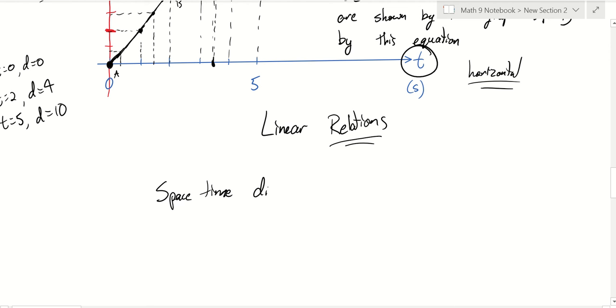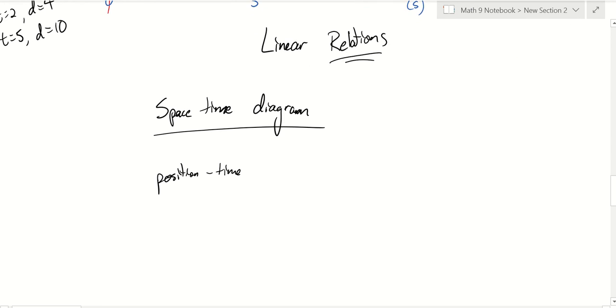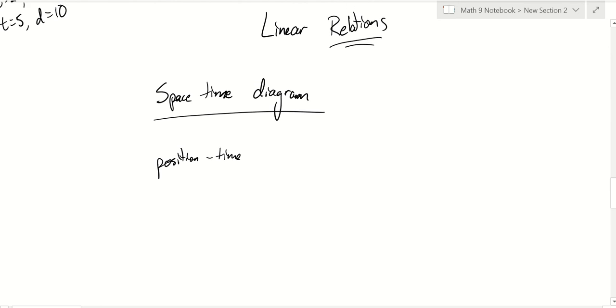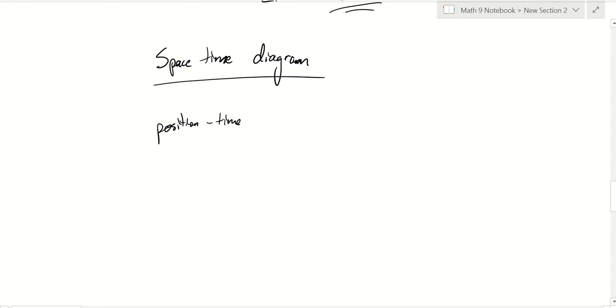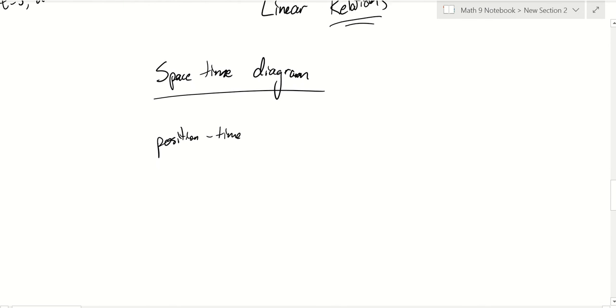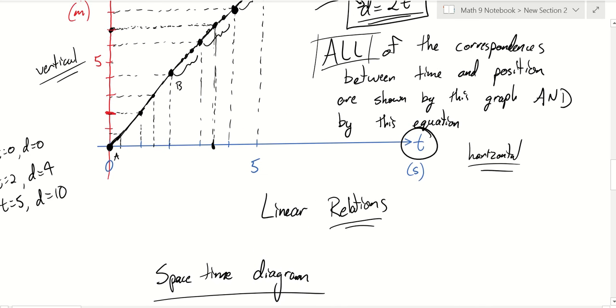So you can impress all of your friends with the fact that you know what a space-time diagram is. Usually in high school we call this a position-time diagram, but eventually if you go into physics, you will start to generalize this into a space-time diagram, which is when you go into learning about special relativity and what Albert Einstein was always talking about.